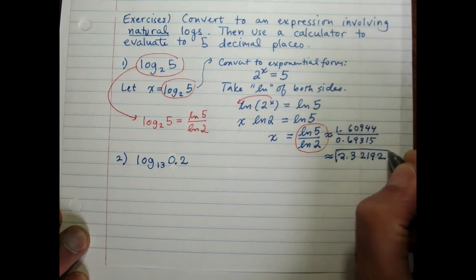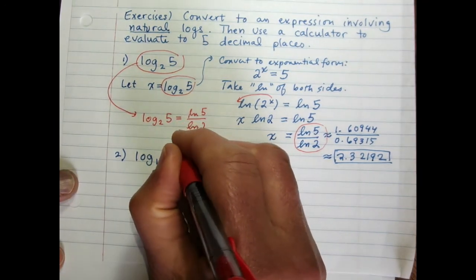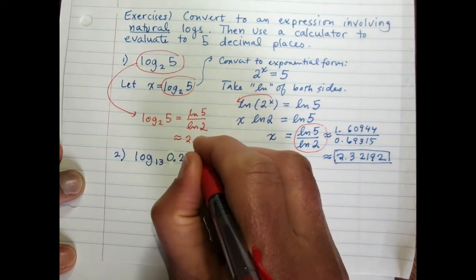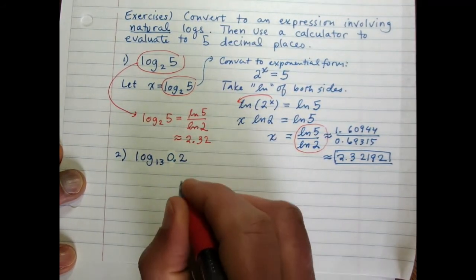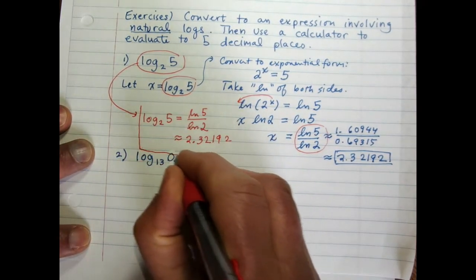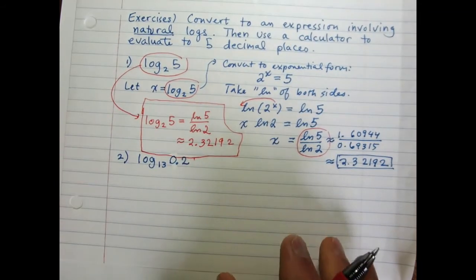And that's what we're after here. And again, that's equal to log base 2 of 5, 2.32192.